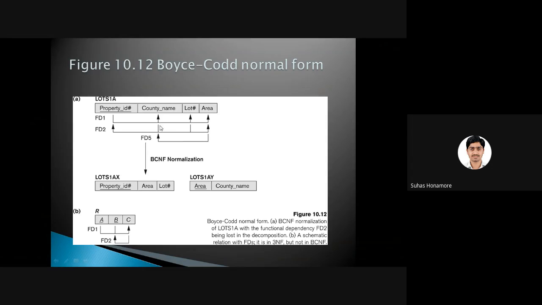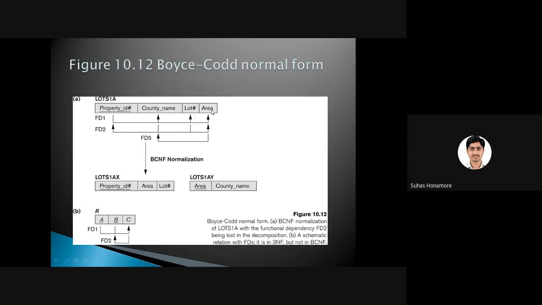In the second FD, country name and lot together derive area and property ID. Here X is these two attributes together and A is area and property ID. X is a candidate key, so it is also a super key. So this FD also doesn't have any problem.